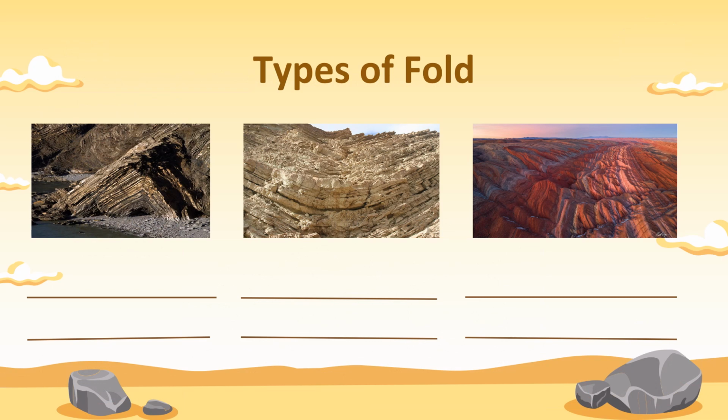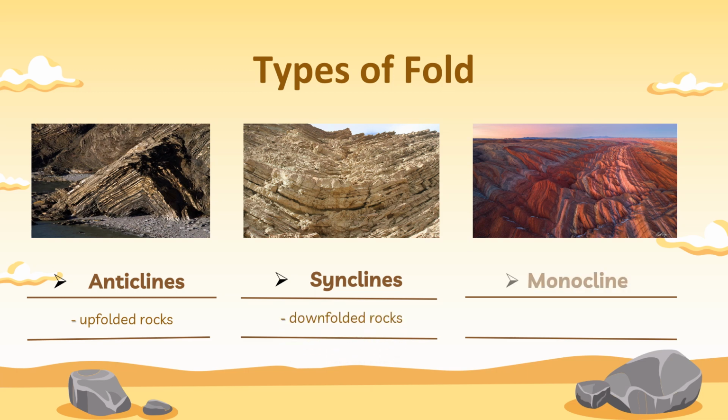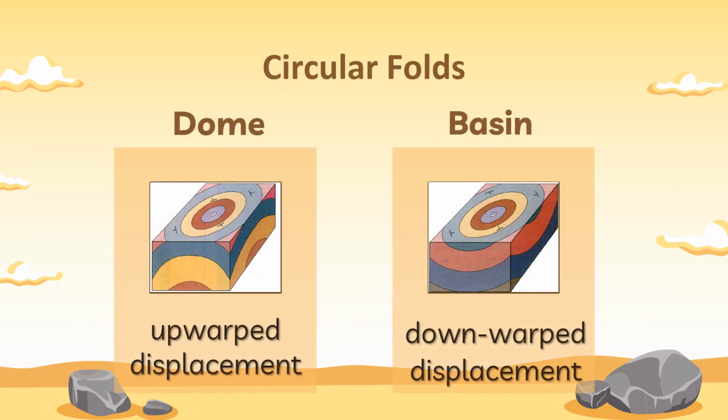There are types of fold. Anticlines are the upfolded rocks. Synclines are downfolded rocks. And monoclines often result from buried faults. We also have circular folds.